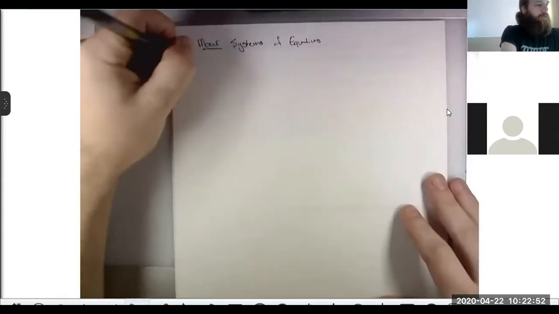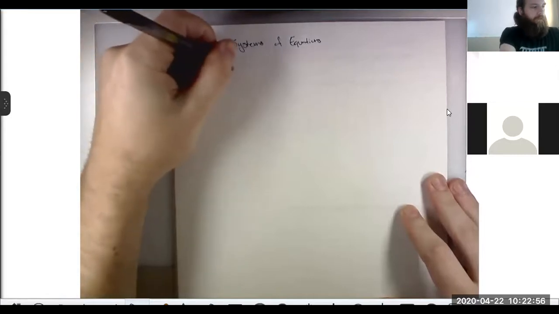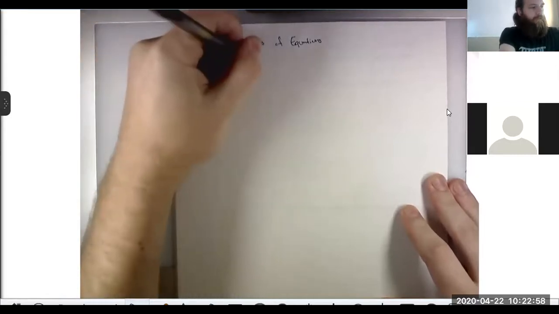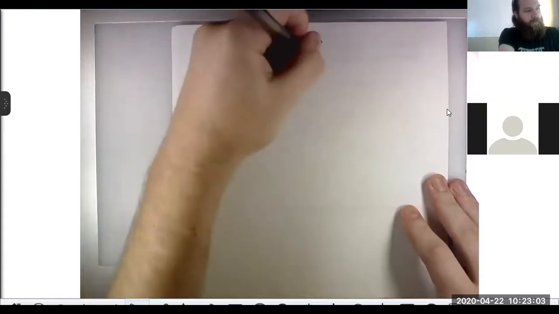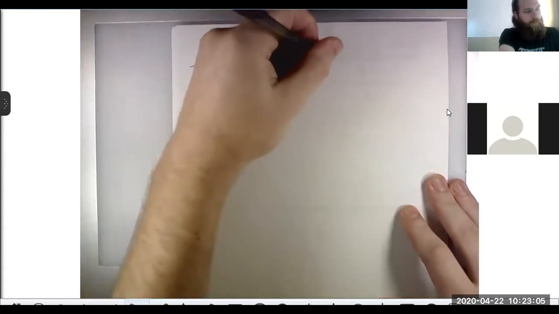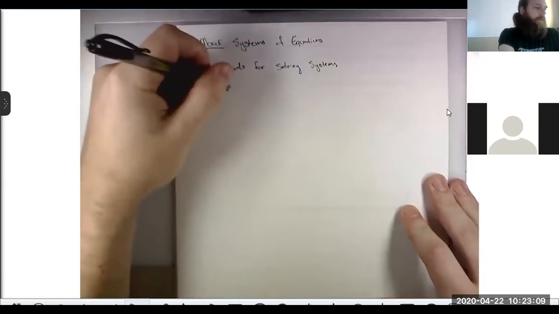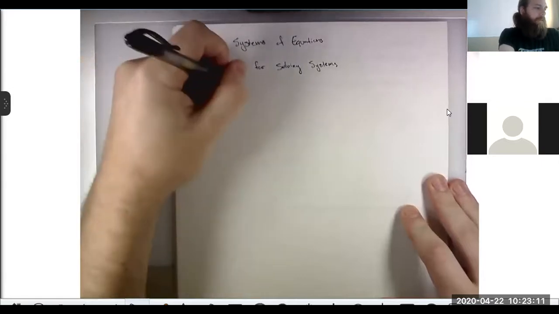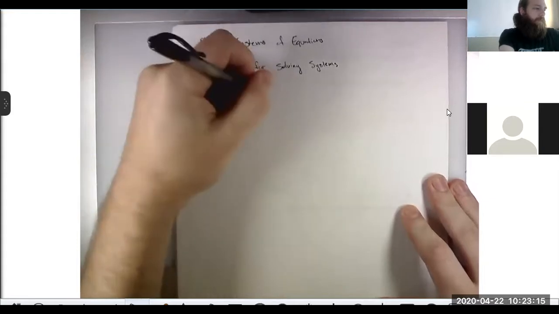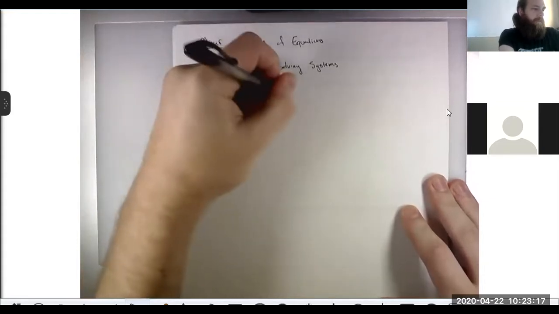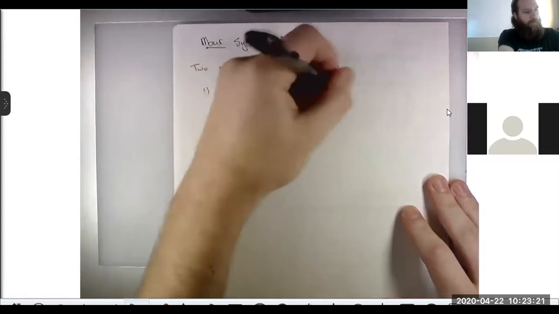So we've seen that there are two methods for solving systems. You can substitute. This is where you solve one of the equations for one of the variables.